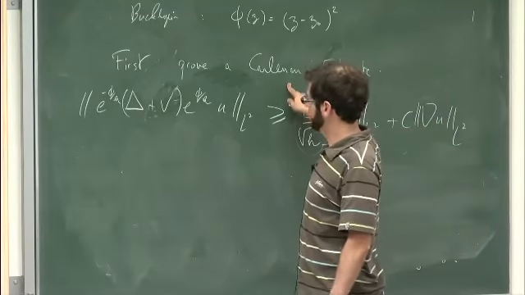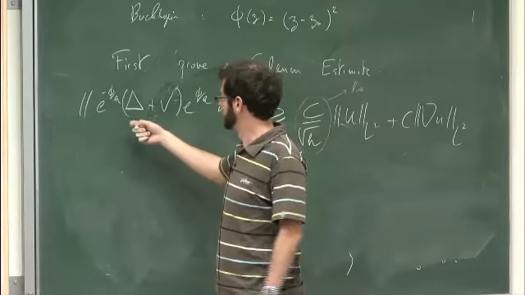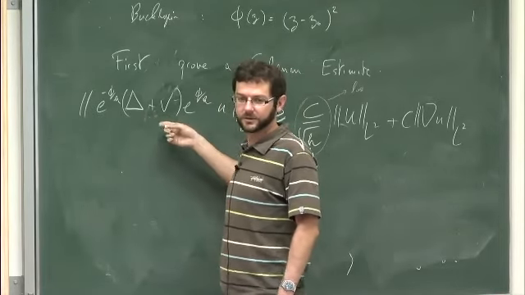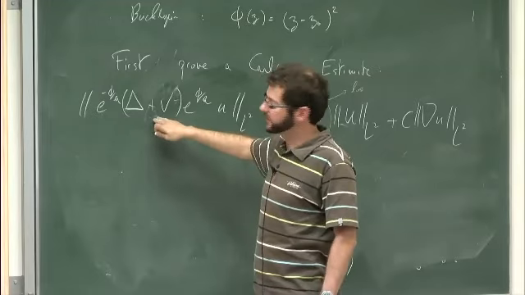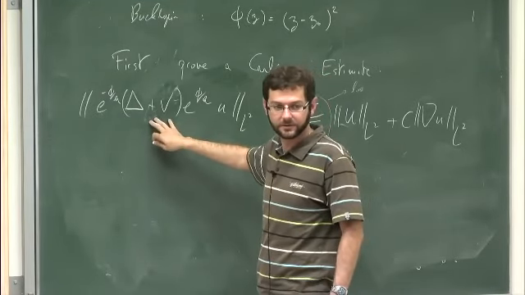So once you have the Carleman estimate, by the usual functional analytic method, you can invert the adjoint of this operator.